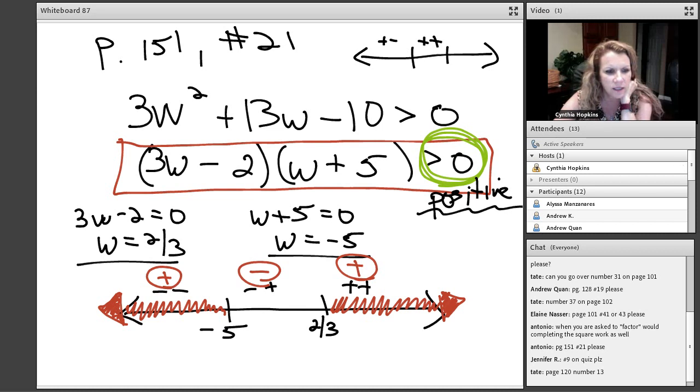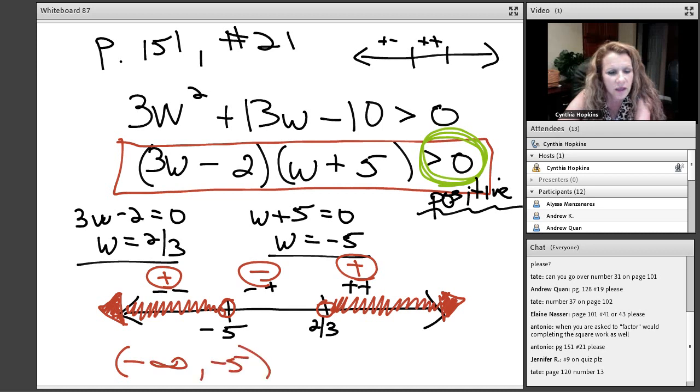And now I need to make a decision about my critical values. Now there are no fractions going on here, so we don't have to worry about dividing by 0 or being undefined. But when I look at my inequality, it just said greater than 0, not greater than or equal to 0. So that means I want open circles on my two critical values.